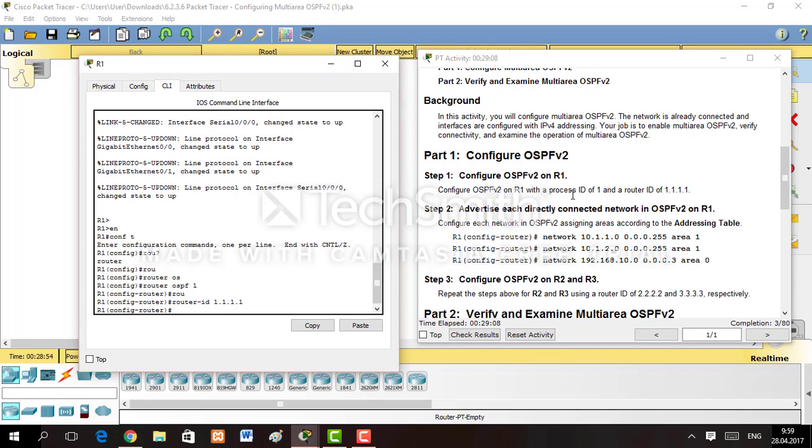advertise each directly connected network of OSPF version 2 on router 1. So here we have 3 networks. Let's write it down here.